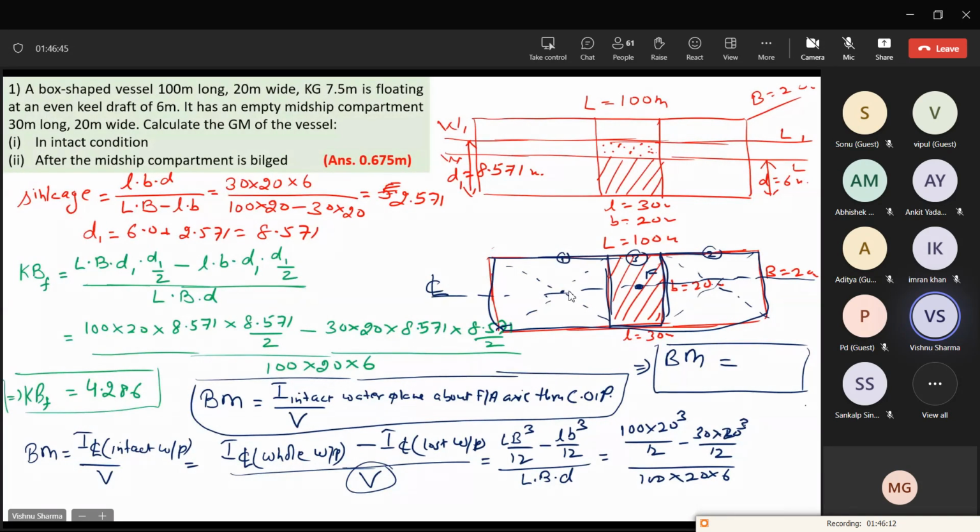That's why I'm saying use the notations first. Simplify or break the formula in the notational form. Okay, you can calculate the BM, and if anybody has any doubt, you can ask me. 3.889. Okay, so 3.889, okay.